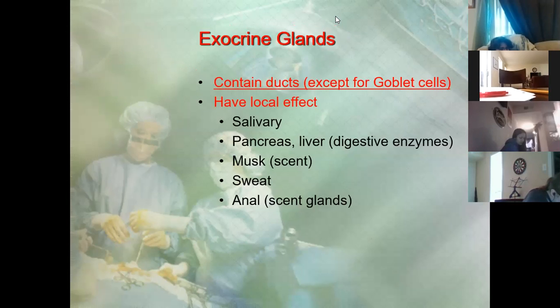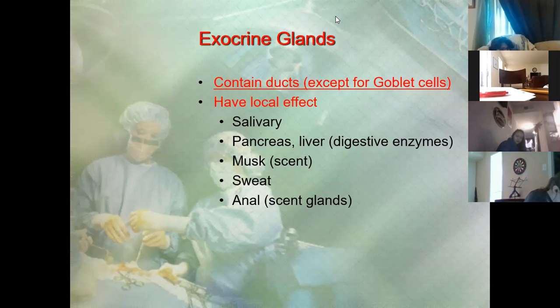Then we have some glands that deposit their contents somewhere other than the blood. Doesn't matter where. If it's not going in the blood, it's one of these glands. If it does go in the blood, it's one of the other glands. Exocrine glands are going to be having ducts, meaning that I need to put the secretion into a pipe and then move it wherever it needs to go.